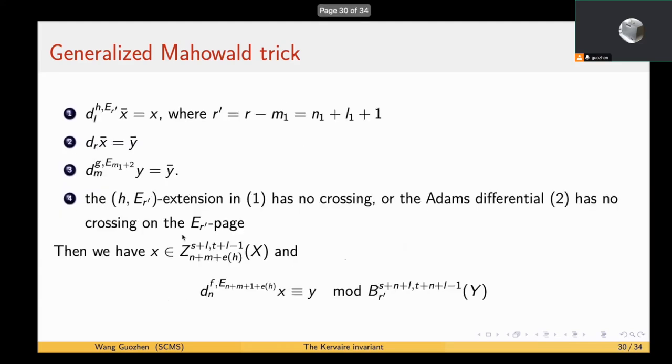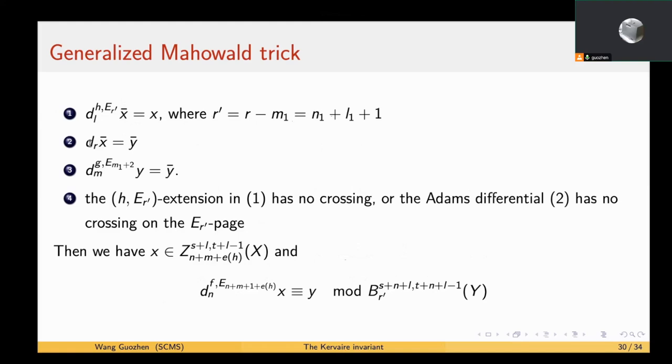Suppose that there is an h extension on the r prime page, h x bar equals x. So this is the h extension on the r prime page from x bar to x, where r prime equals r minus m1, which is also equal to n1 plus l1 plus 1.